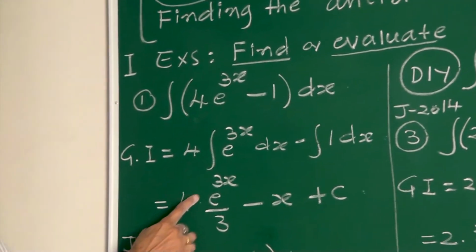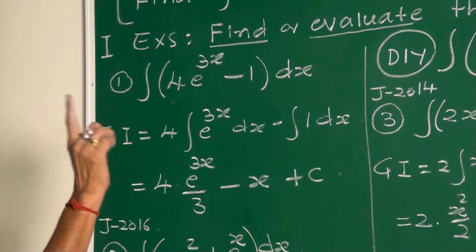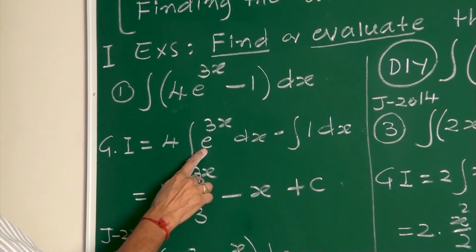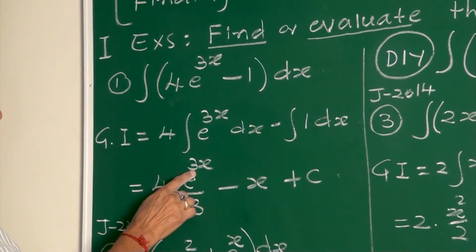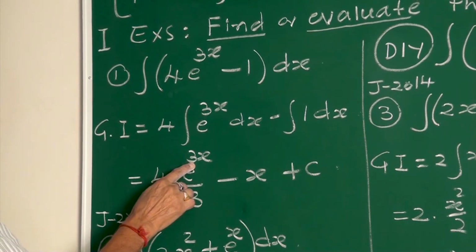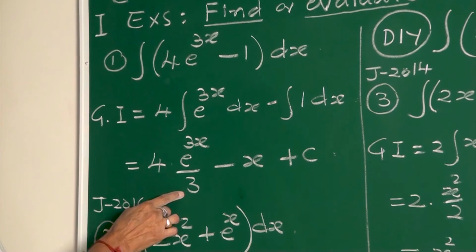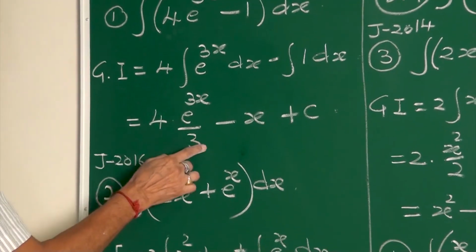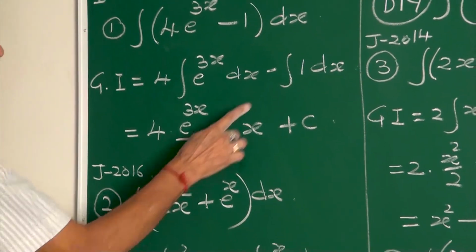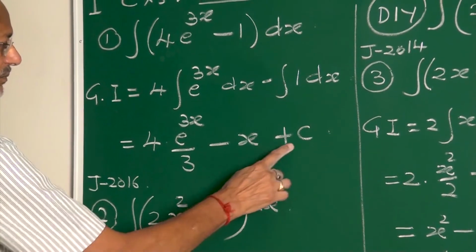It is 4 into, I told you in the case of exponential functions, whatever is given, you write first. After writing, look at the power. Is it x? No. Other than x, divide by the coefficient. Is it e? Yes. If it is other than e, you have to write log here. Minus, integral of 1 is x plus c.